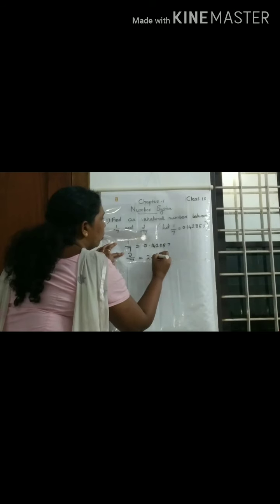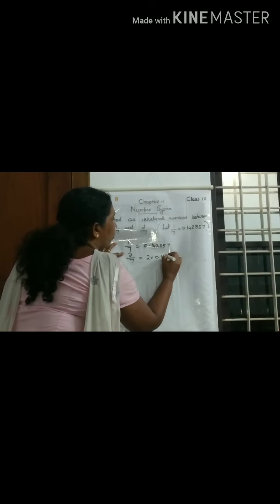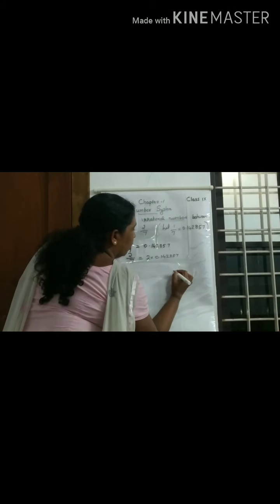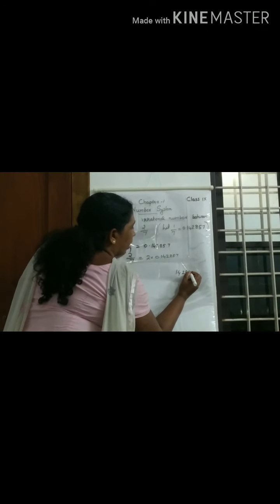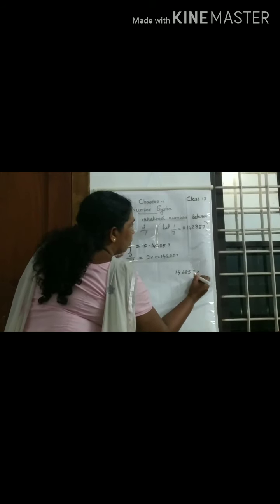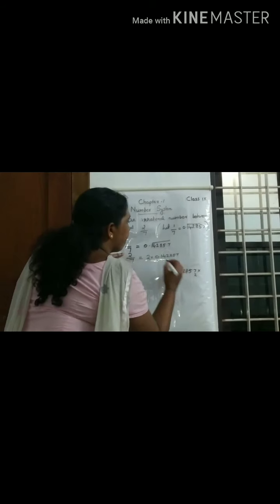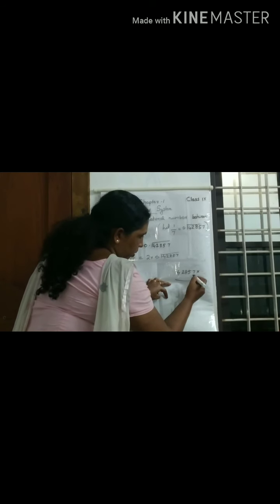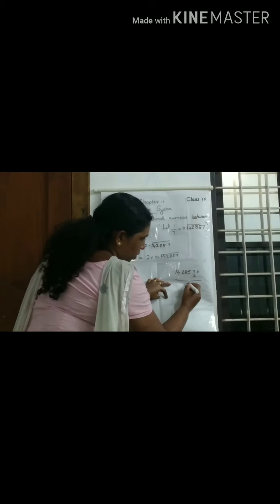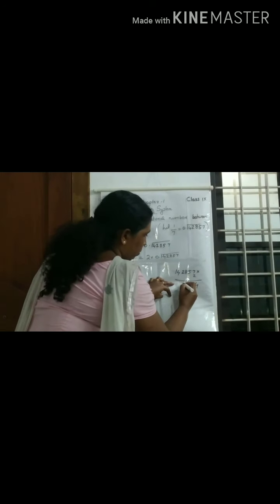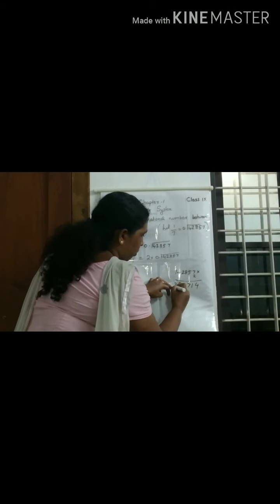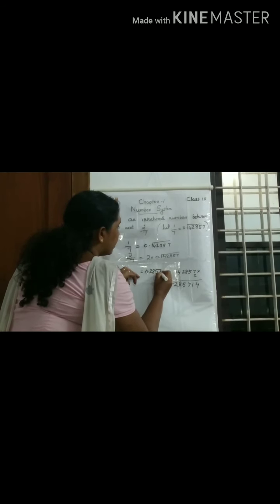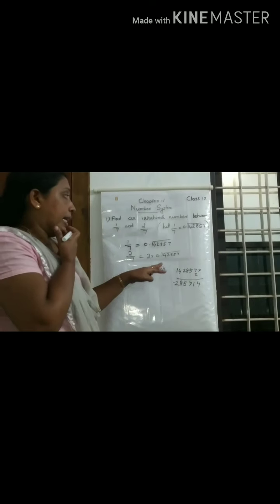Without calculating, we can find 2/7. That is 2 into 0.142857, that is 0.285714, and this is repeating.